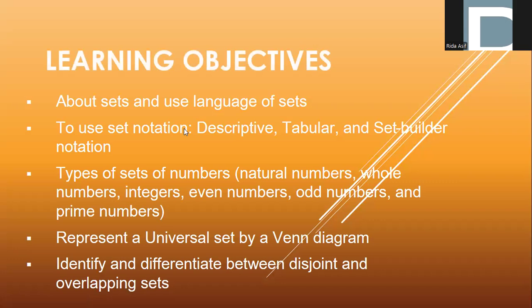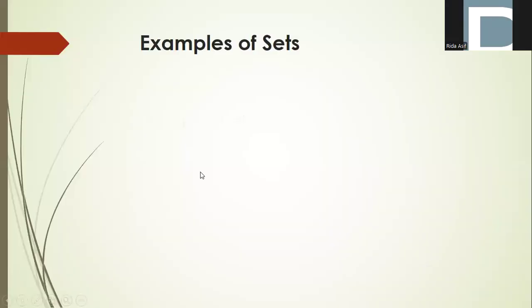So, today the learning objectives are, we are going to discuss sets, use the language of sets, use set notation, descriptive, tabular, and set builder notation, types of sets of numbers, natural numbers, whole numbers, odd numbers, prime numbers, how to represent the universal set by Venn diagram, and identify and differentiate between disjoint and overlapping sets. So in this lecture, we are going to cover these learning objectives.